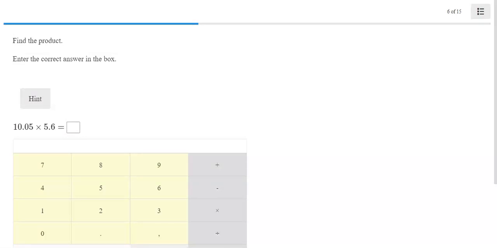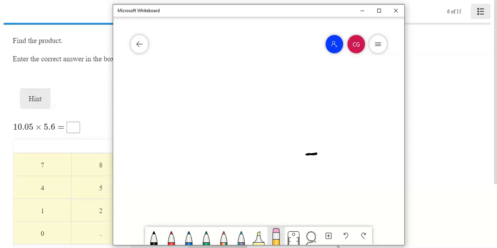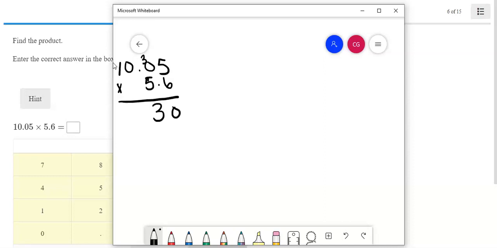Number 6. 10.05 times 5.6. 6 times 5 is 30. 0 plus 3 is 3. 0 and 6.